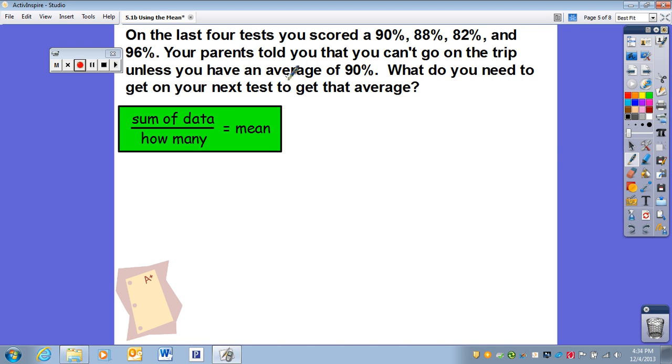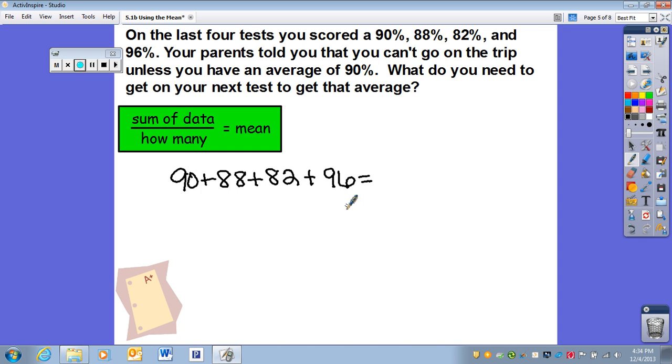So, if you had a 90% average, let's see if the original scores on your 4 tests would be 90%. So we're going to take 90 and we're going to add the 88 and the 82 and the 96 together and see if that is an average of a 90%.